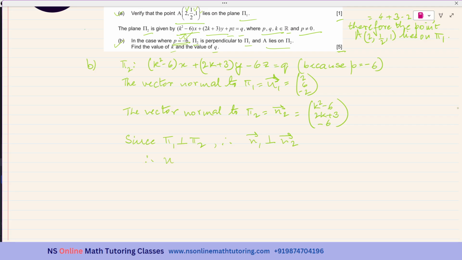Therefore, n1 dot n2 should be equal to 0. So, this implies 2, 6, negative 2 dot k square minus 6, 2k plus 3 and minus 6 is equal to 0.